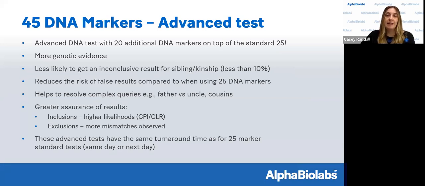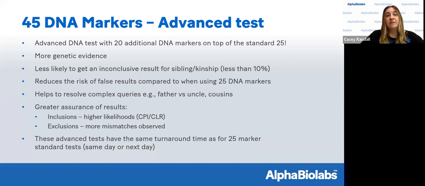It's much less likely that people are going to adventitiously match each other when you're looking at such a wide coverage of the genome. And 45 markers are really, really useful when we've got a complex query. So if there's a father or uncle scenario, if there's cousins, 45 markers is what we would strongly recommend. It will always give us greater assurance in our results.